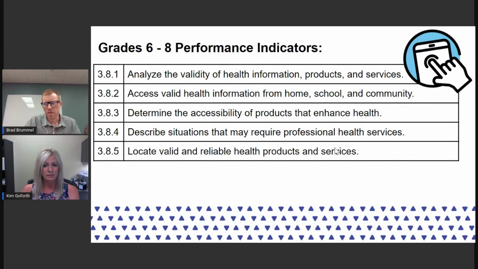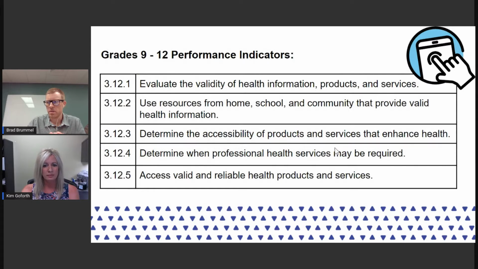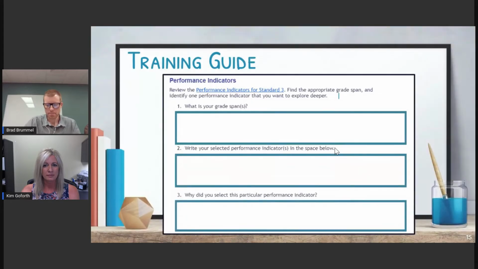I think the other thing that I'll notice is that another difference is in high school, you're going to see them using the resources more, but pretty similar. I think 3.12.2, use resources from home, school, and community, describes pretty well what we want our high school students to be able to do. But just a quick glance at the performance indicators.